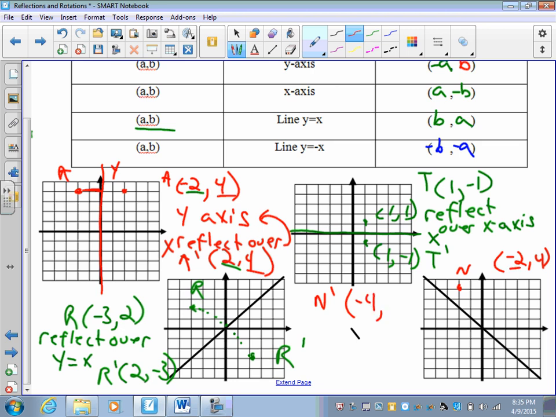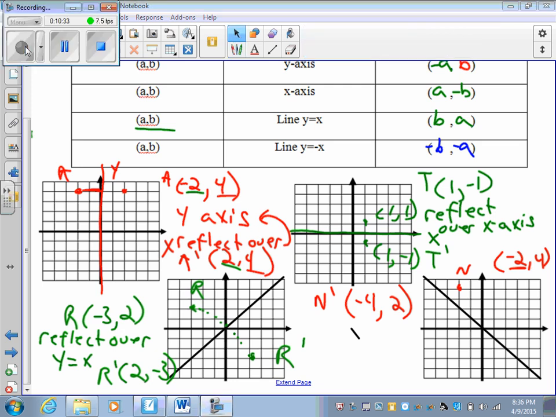Since this is already negative, the opposite of -2 is going to be +2. So I'm going to plot N prime by going over -4 and up 2.